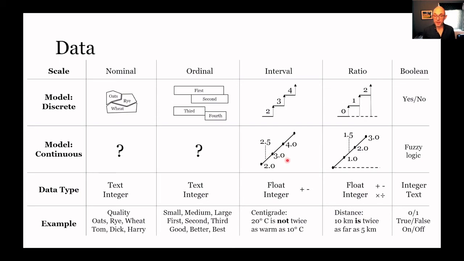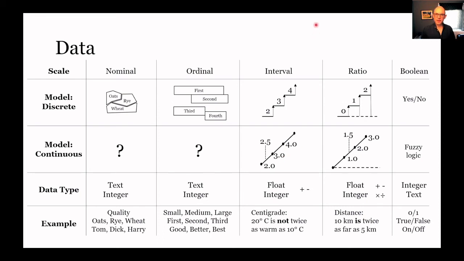But you arrive at a different place. So here we move over into having a continuous model because we can exist along this continuous gradient. We can move along. The distance from 2 to 2.5 is the same as the distance from 3 to 3.5, or back again. It's the same distance. That's our interval scale.